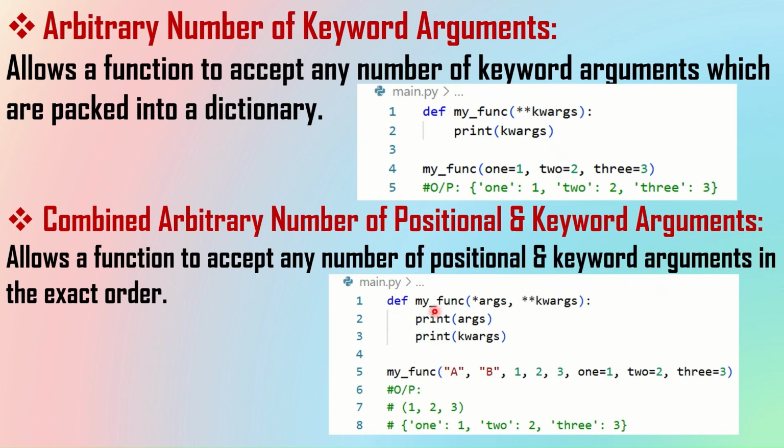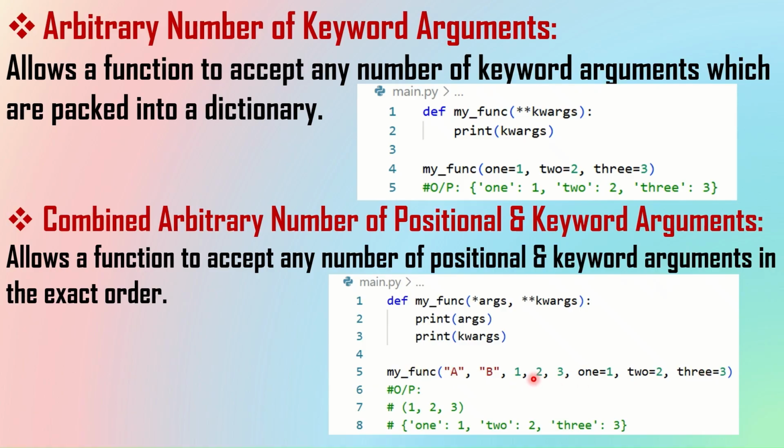Here, in the example, I have defined one function named my function. Inside this, I defined positional arguments first with the star args and the keyword arguments next with the star star keyword args. Inside this function, I was printing these positional and keyword arguments. In the fifth line, I was calling this function by passing some values: a, b, 1, 2, 3, and then followed by the keyword arguments.